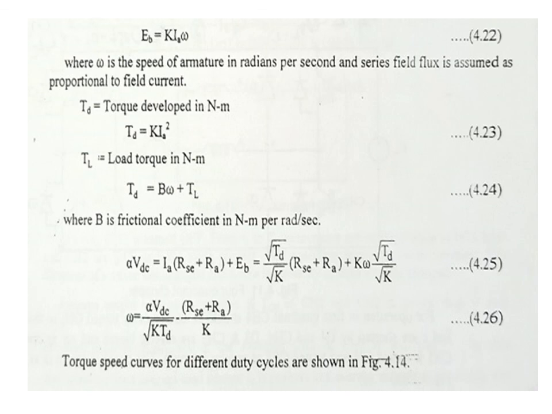So this is the basic steady state speed equation of DC series motor connected to a chopper circuit. Okay, so this is how we can control the speed of DC series motor when connected to a chopper circuit. Thank you.